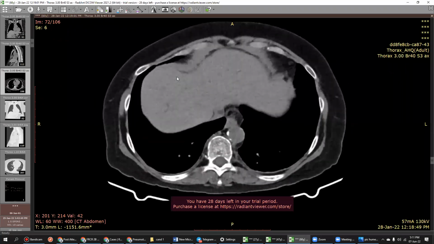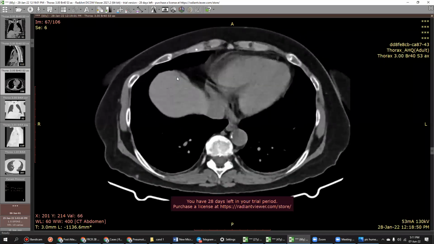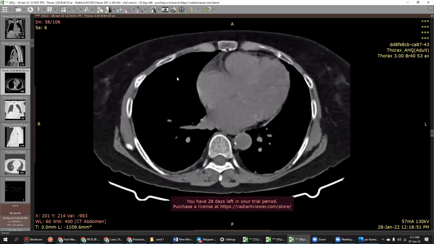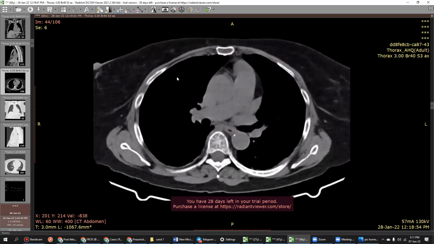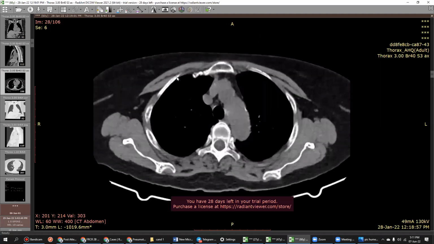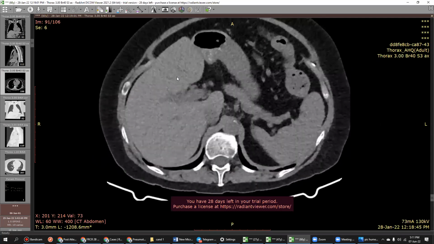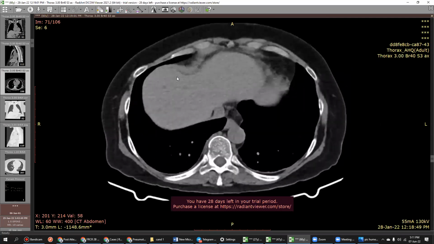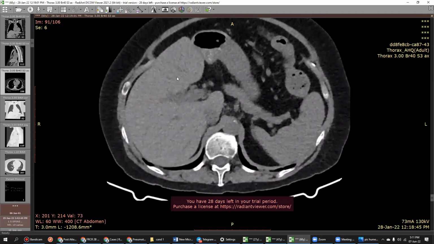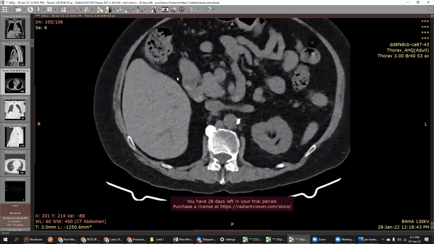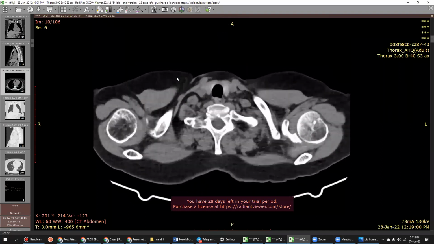I'm just looking if there is any problem in the bones. I haven't seen any lesion in the bones. And I will look again at the surrounding tissues. I'll have another look. I'm just scrolling again.